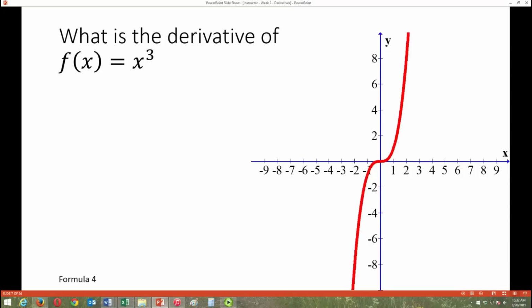Let's look at one more function, f of x equals x cubed. In this case, our derivative is f prime of x equals 3x squared. Let's look at another applet.